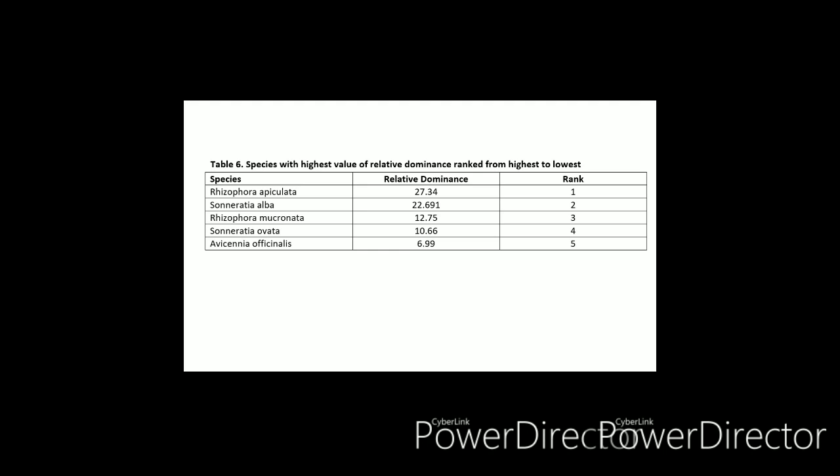Rhizophora mucronata, which is 12.75, rank 3. Sonneratia ovata, with a relative dominance of 10.66, rank 4. And the last but not the least, Avicennia officinalis with 6.99, which is rank 5.